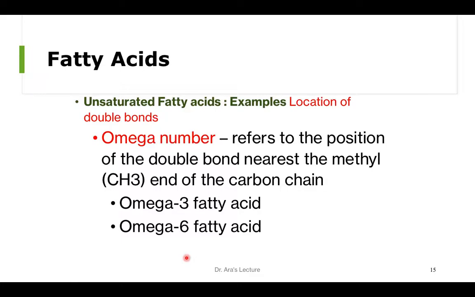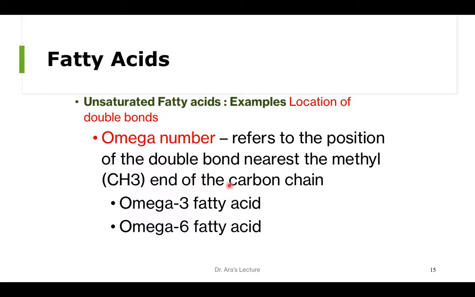For unsaturated fatty acids, we know the location of double bonds by the omega number. What is the omega number related to this unsaturated fatty acid? Omega number refers to the position of the double bond nearest the methyl end of the carbon chain.